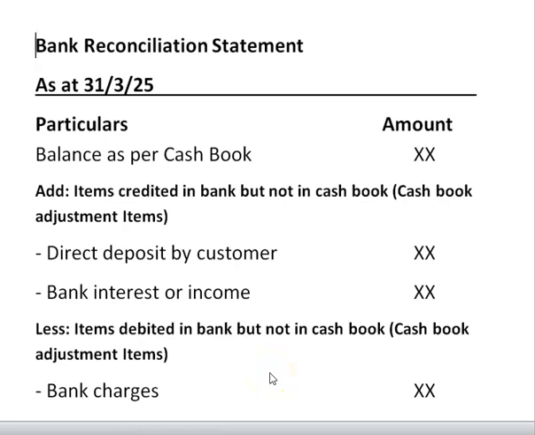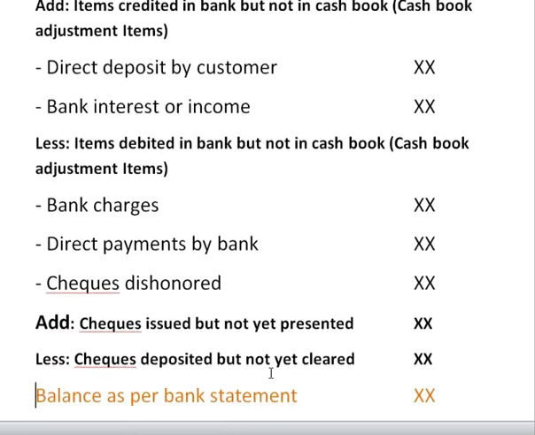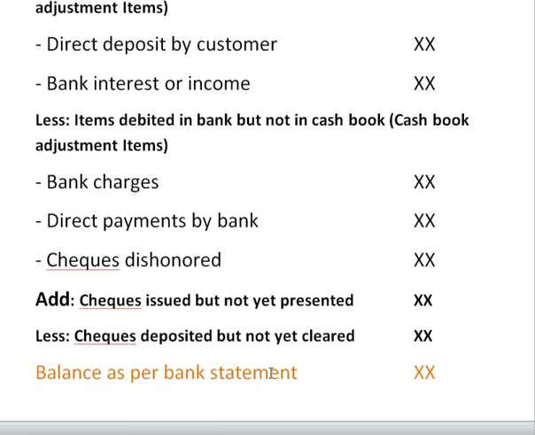Examples of this kind of items are payments. These are payments made by the bank. Expenses incurred by the bank or expenses charged you by the bank of which you have not taken note of, you are not notified, so they are not in your cash book. Example is bank charges.